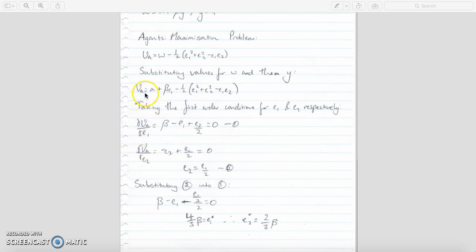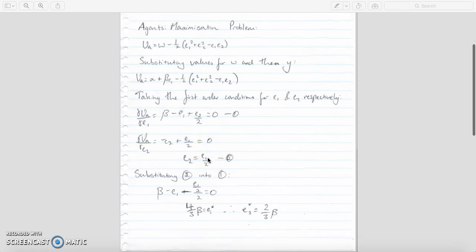Then we differentiate that utility function with respect to e2, which gives us negative e2 plus e1 over 2 equals 0. And we can rearrange that to give us e2 equals e1 over 2.